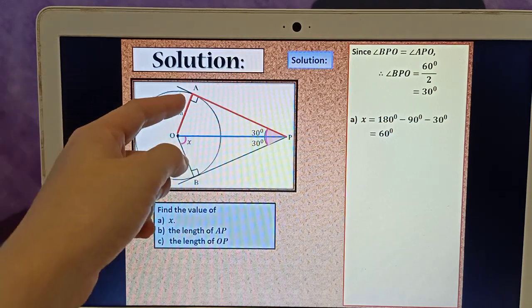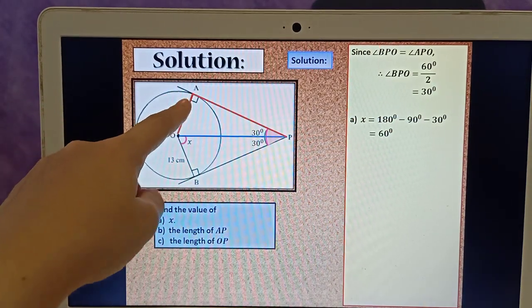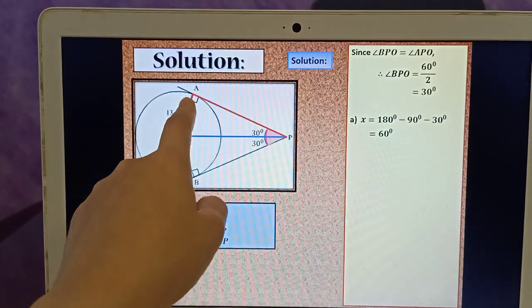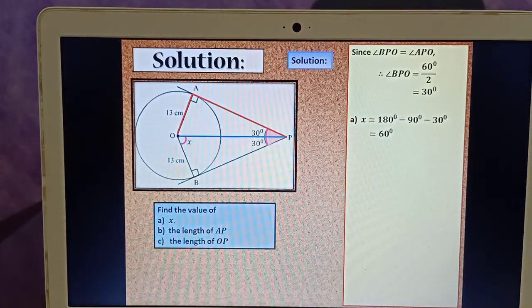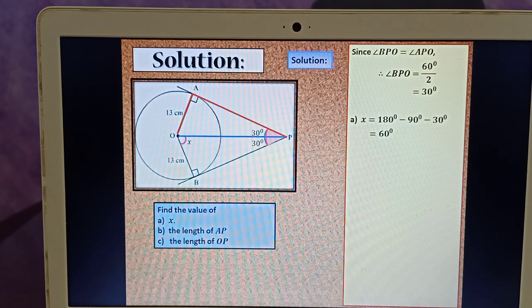So I want to find AP. I have the length of the radius and then I have 2 out of the 3 angles here, so I could actually use the trigonometric ratio, which you learned already before, right? Chapter 5. In order to use trigonometric ratios, you need to know SOH CAH TOA, right? So you need to know what is your hypotenuse, what is your opposite, and what is your adjacent.